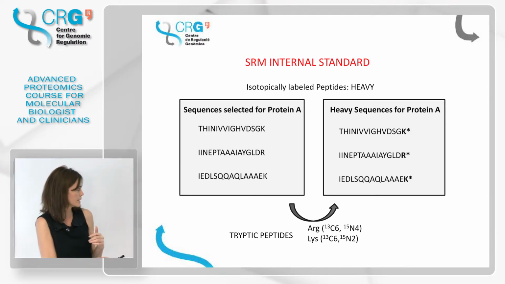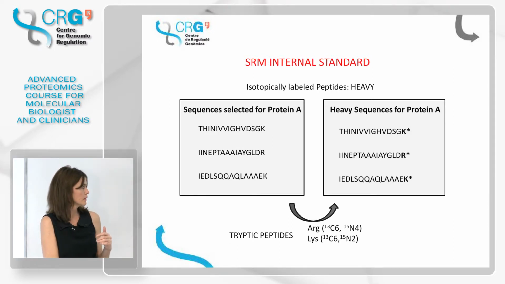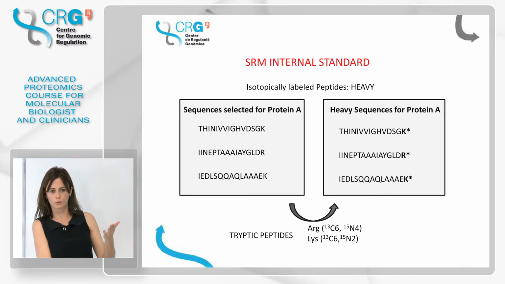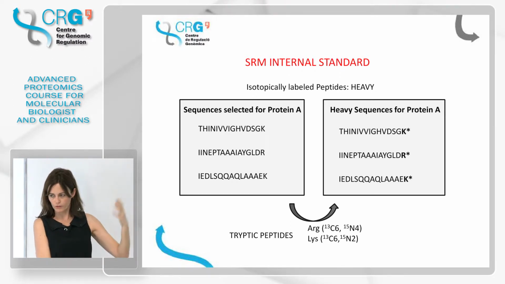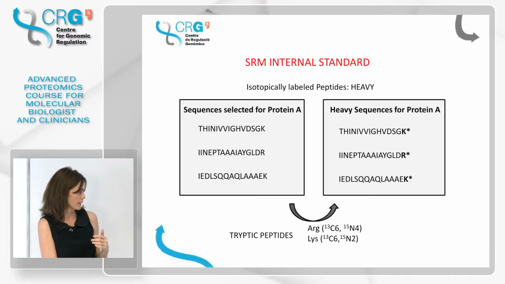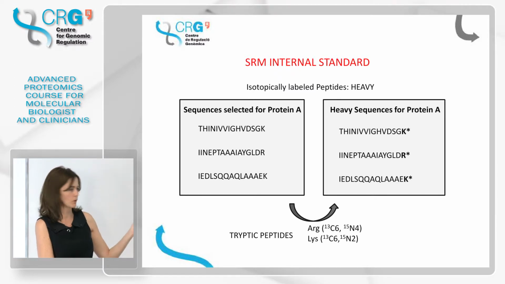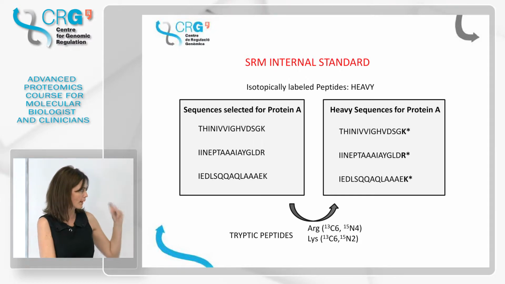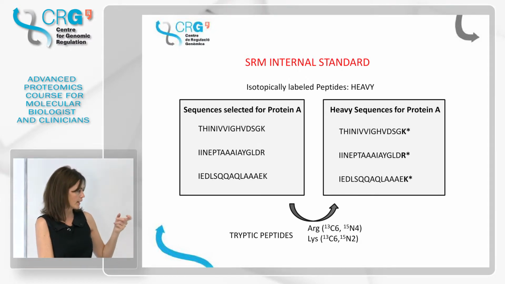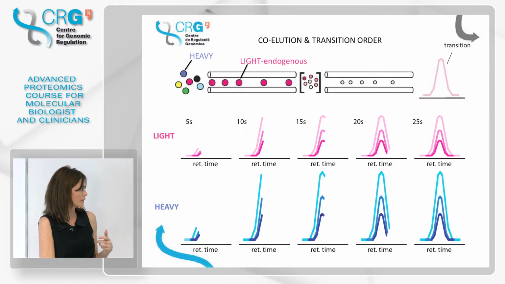Okay, so we have these peptides. We are going to synthesize or order these peptides with a heavy amino acid. Usually, since we are working with tryptic peptides, we order the arginine or lysine with heavy atoms, and this is going to be our best standard.